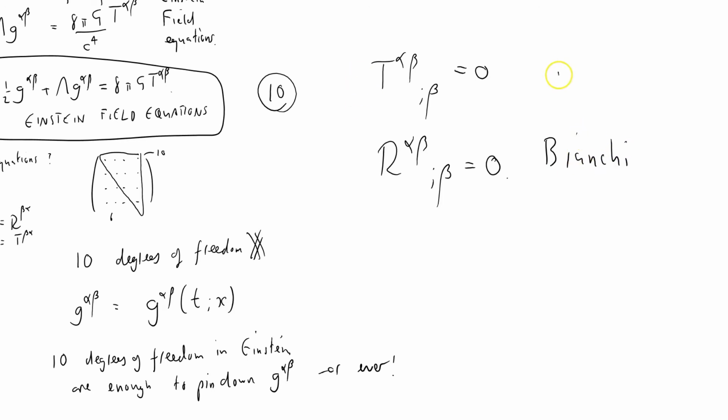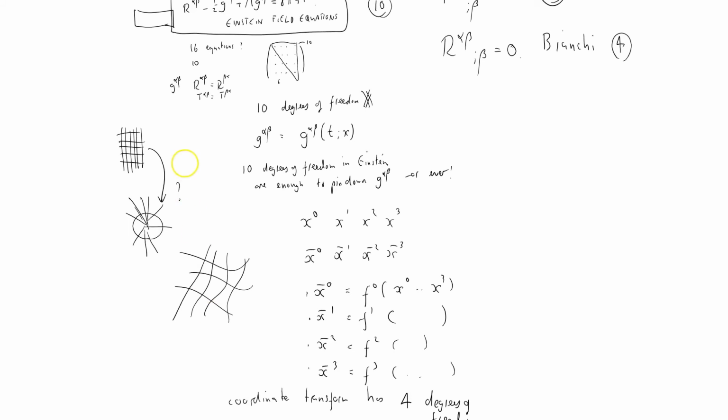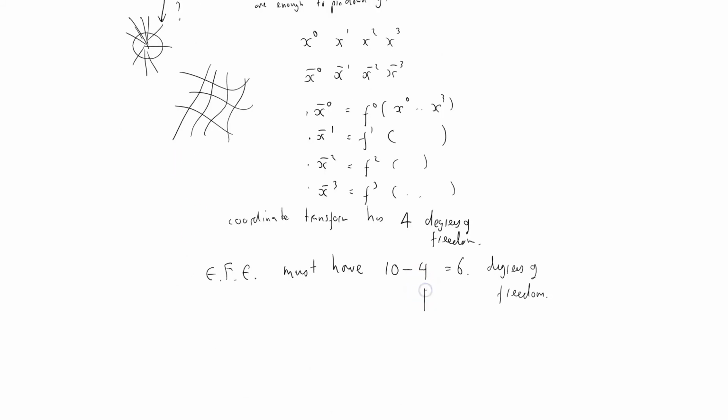And of course, there's 4 degrees of freedom in these restrictions here. And that 4 is accounting for the difference, it's this 4 here. So the Bianchi identities and the conservation of mass energy give us 4 degrees of freedom, which is exactly enough to account for the 10 degrees of freedom that the Einstein field equations have got, and the 6 degrees of freedom that they are allowed to have.